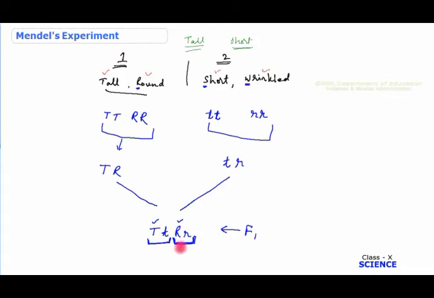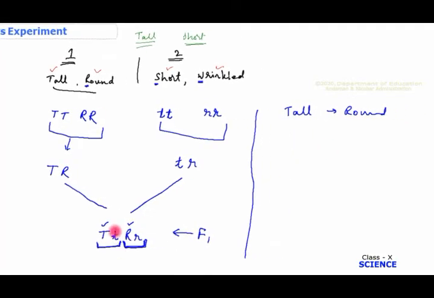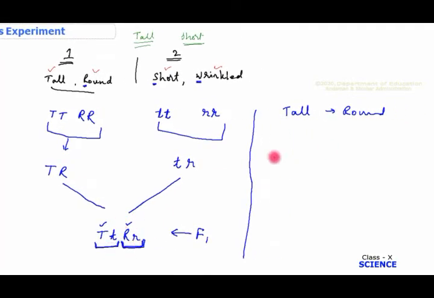Now what will happen if these plants are self-pollinated? Upon self-pollination some of the plants will be tall and round seeded as expected. In this we are getting tall and round seeded. In the first generation also we have tall and round seeded, right?